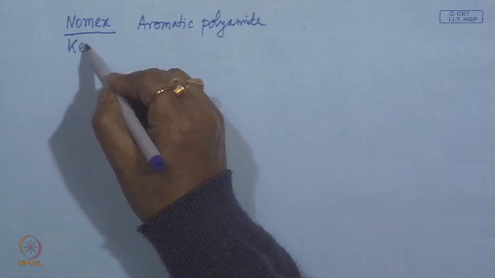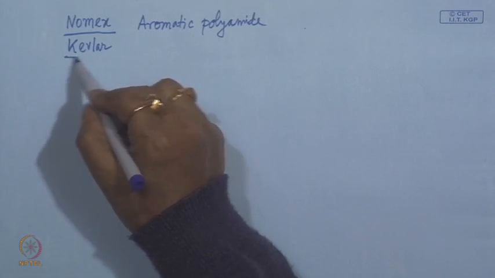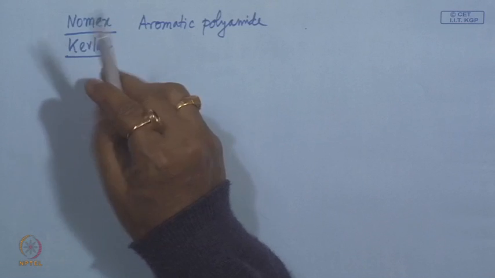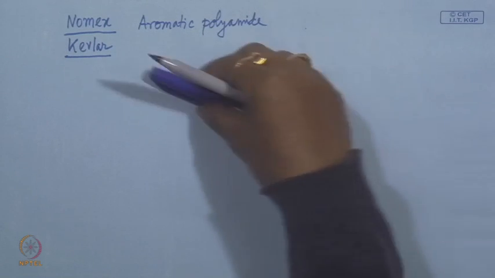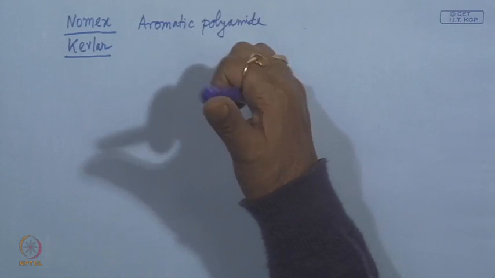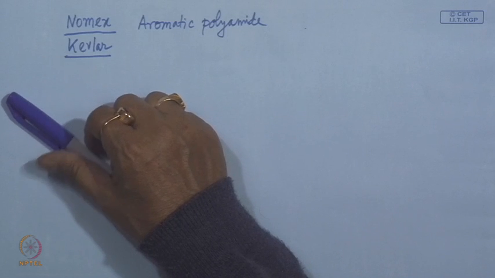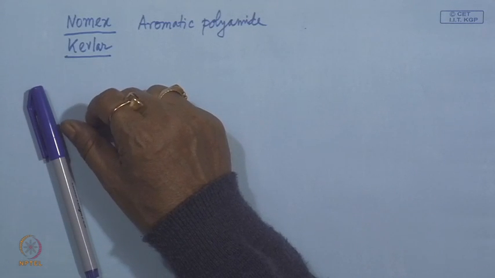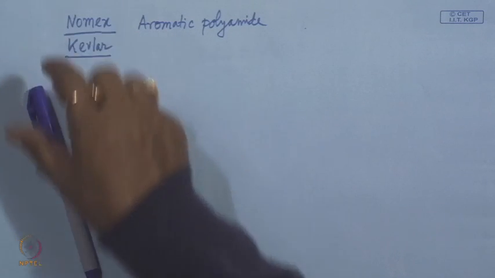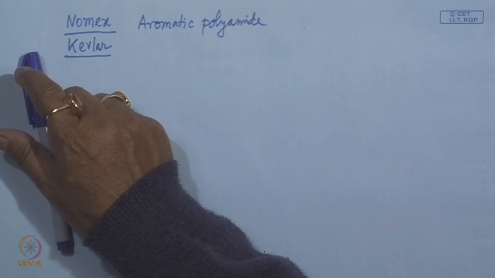This is also an aromatic polyamide, only the linkage in the phenyl ring of the amine part differs. Say one is ortho linkage and the other is meta linkage and the other is para linkage.